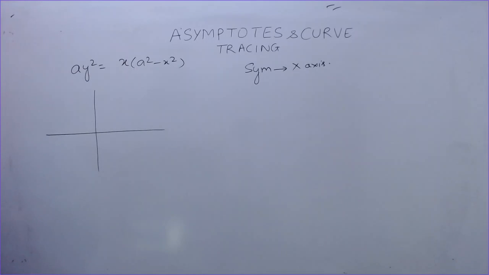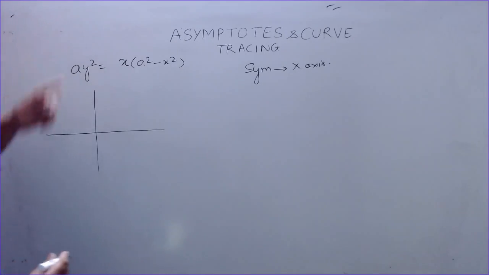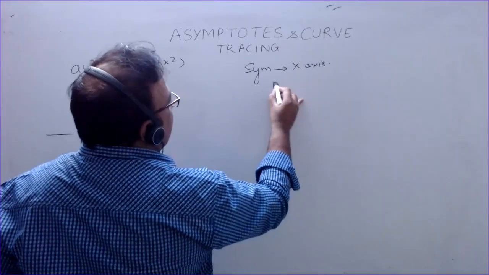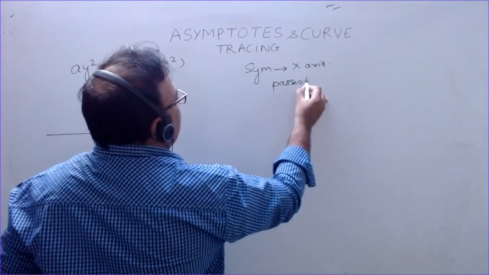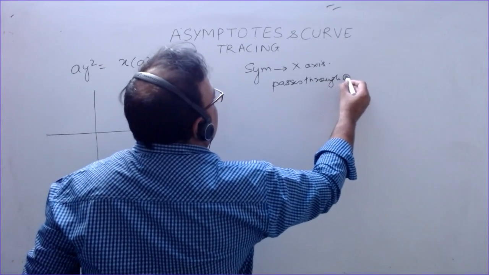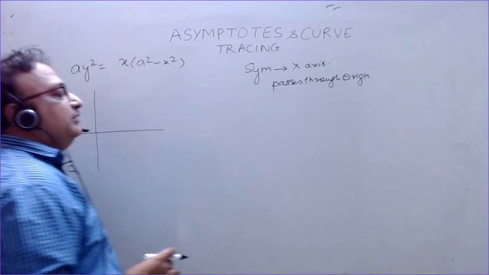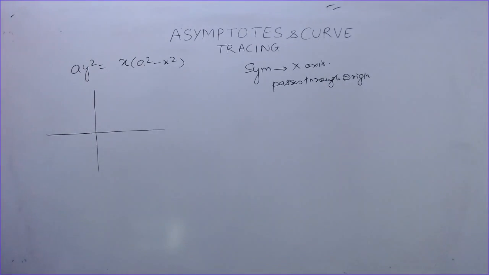Now the second thing is whether it passes through the origin or not. There is no constant term, meaning no term which does not involve x or y. So yes, it passes through the origin. Then third is the tangent at the origin. How to find the tangent at the origin? Put the lowest degree term equal to 0 in the equation.